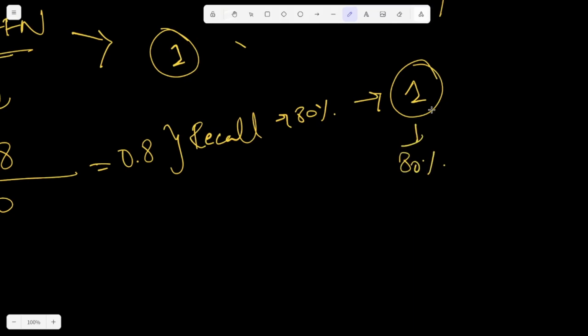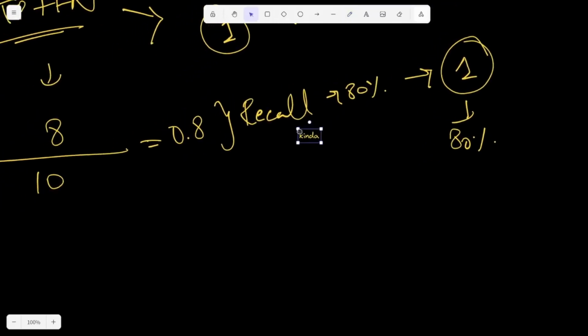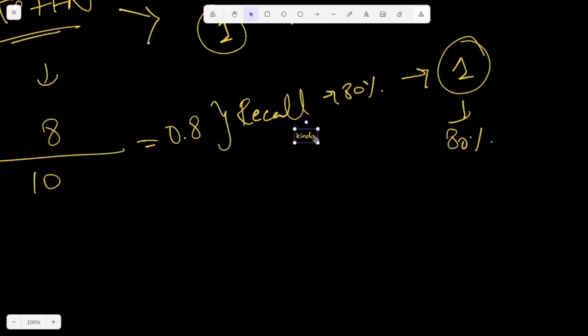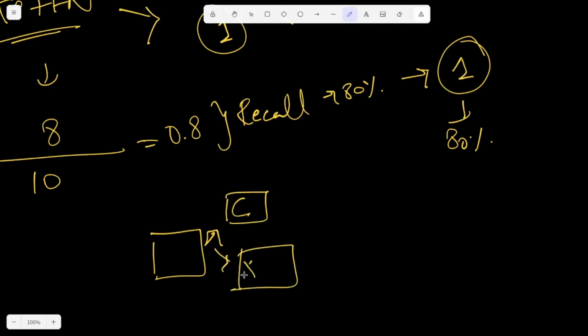And to understand this intuitively, or to give you an example, the most common scenario would be a medical example. Let's say you have a model that is able to detect patients with cancer and patients without cancer, right?